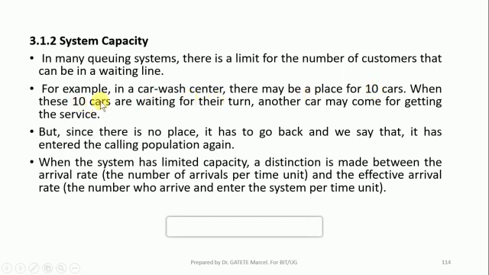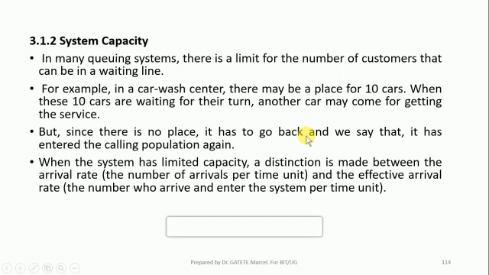When the 10 cars are waiting for their turn and the queue is full, another car may come for service. But because there is no place left, it will go back.